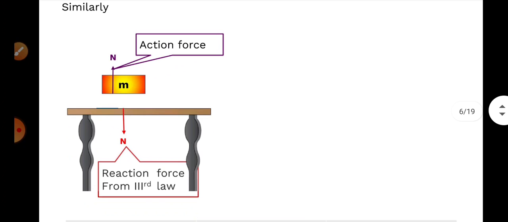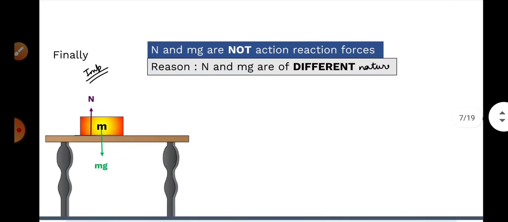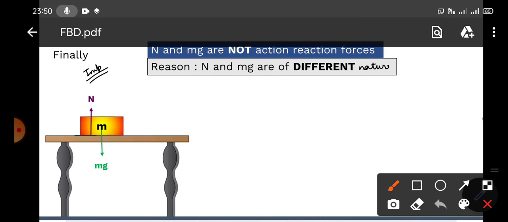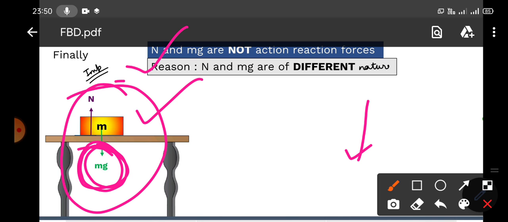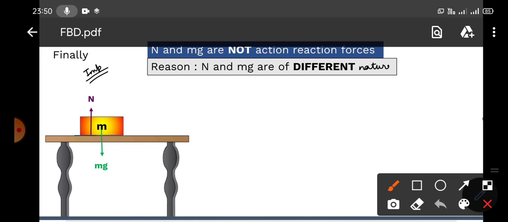I have already explained this normal reaction. Finally, this N and mg are not action-reaction pairs. Why? Because mg is the force applied by the earth on the block, but there is another mg applied on the earth by this block, and that force is acting on the earth, so we did not include it here. This N is the normal reaction force applied by the table on the block.